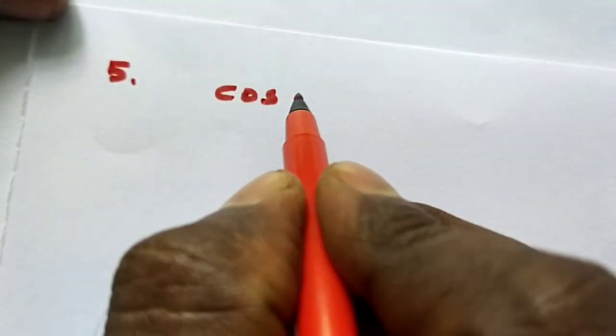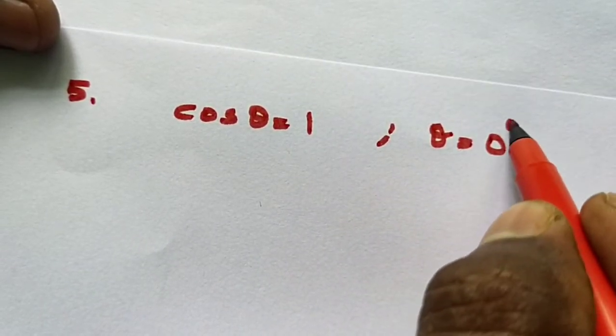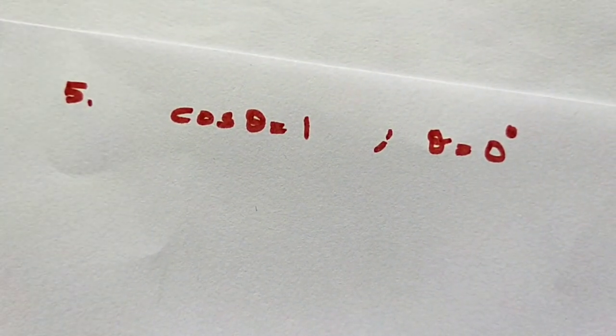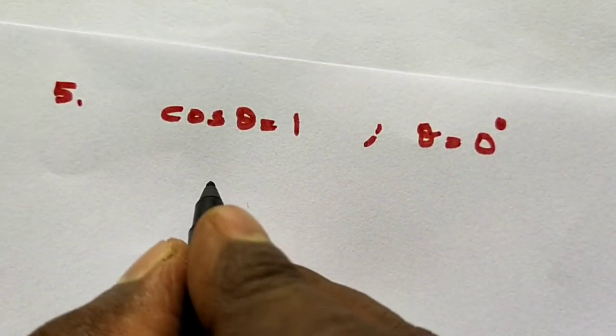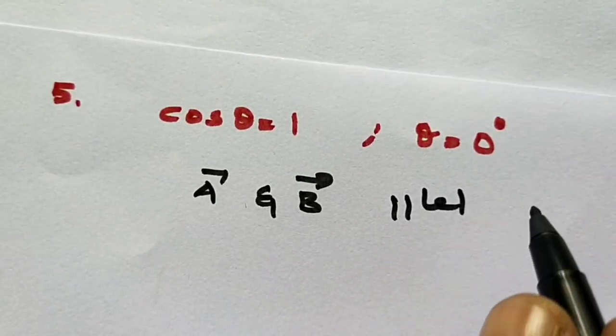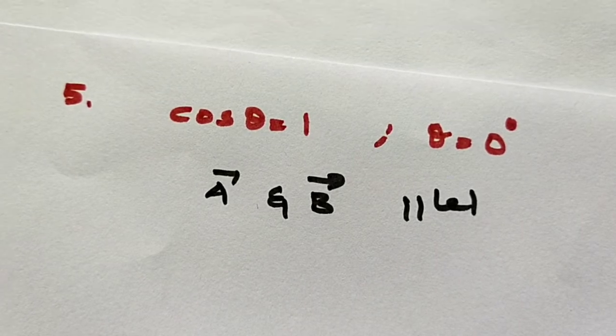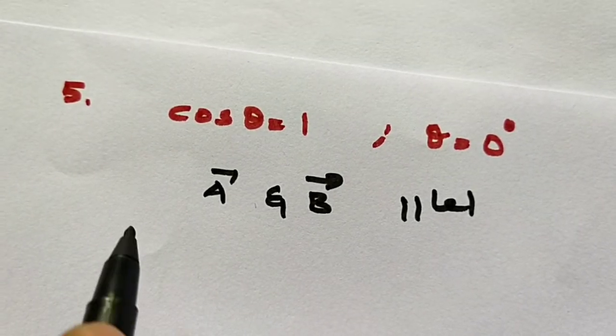Now moving to the fifth property. The scalar product of two vectors will be a maximum when cos theta equals 1. When cos theta is 1, theta equals 0 degrees, so the two vectors are parallel. So A vector and B vector are parallel vectors, theta equals 0, and cos theta equals 1. That means the scalar product of the two vectors is maximum.